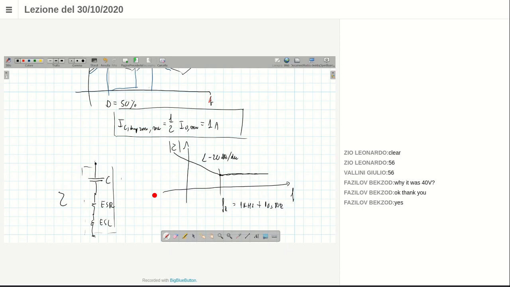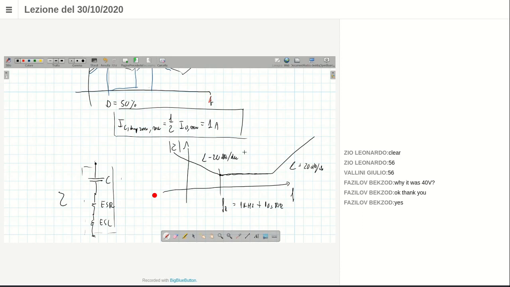At higher frequencies, the inductive component is dominant and the impedance increases with a slope of 20 dB per decade.